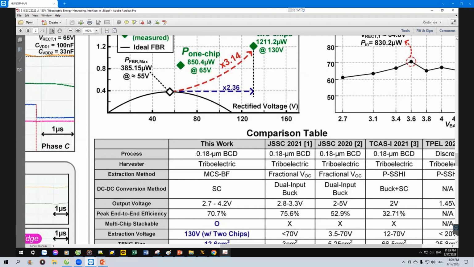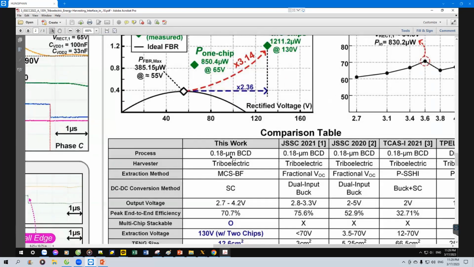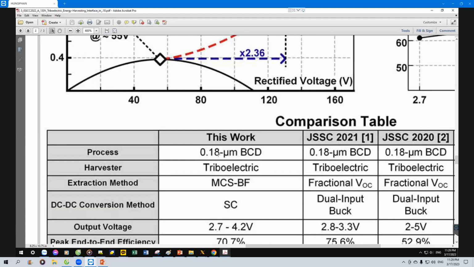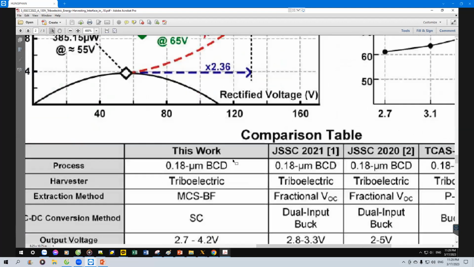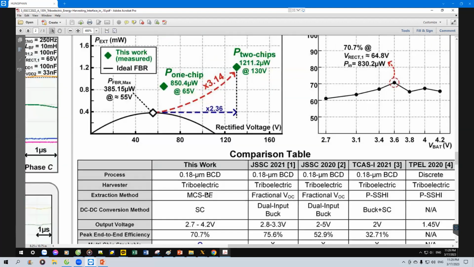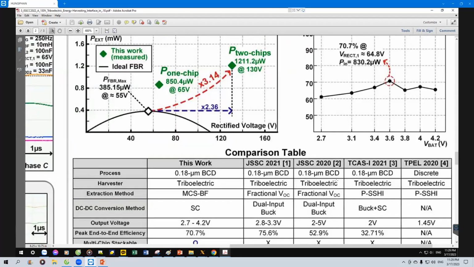Because it is the smallest size, if the process is smaller, it means you can make your chip smaller, right? Mhm. In a smaller process, the size will be smaller. However, it will be more expensive.